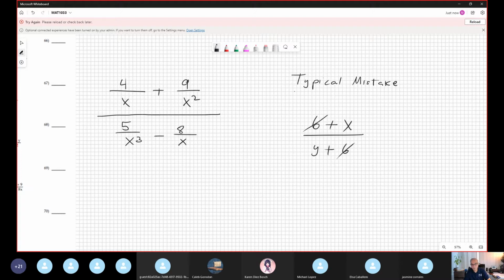This is a mistake. This is impossible. The student, I don't know why. In my mind, it doesn't work. However, if you have 6 times x, not plus, multiplication, it's invisible, or a period, either way, over y times 6, or 6y. In this case, yes, you can cancel out. When it's multiplication, yes, not addition or subtraction.